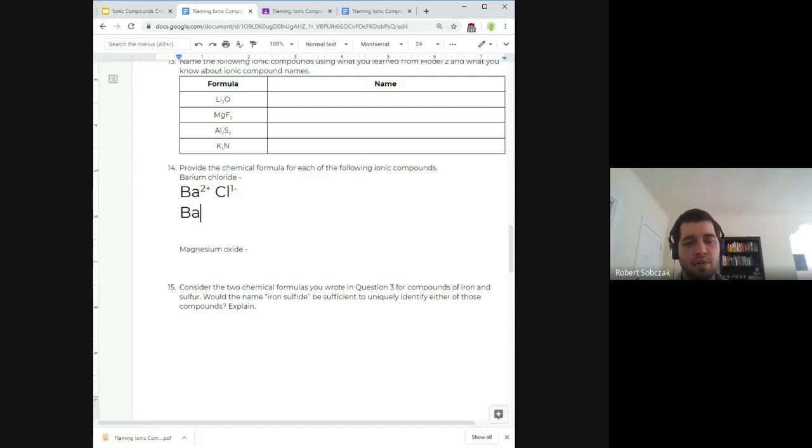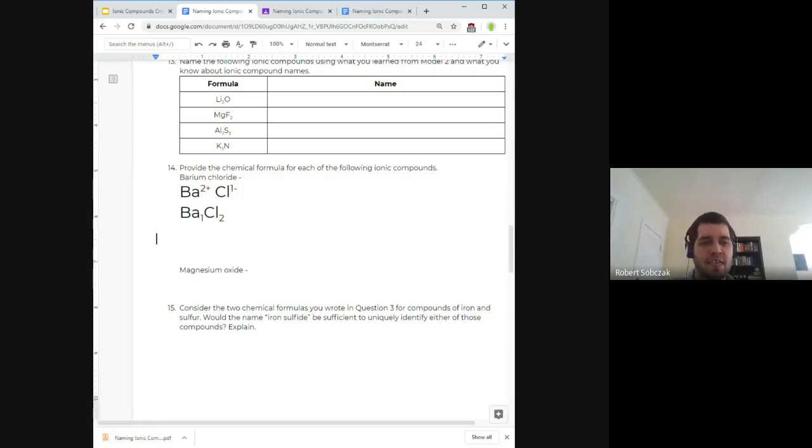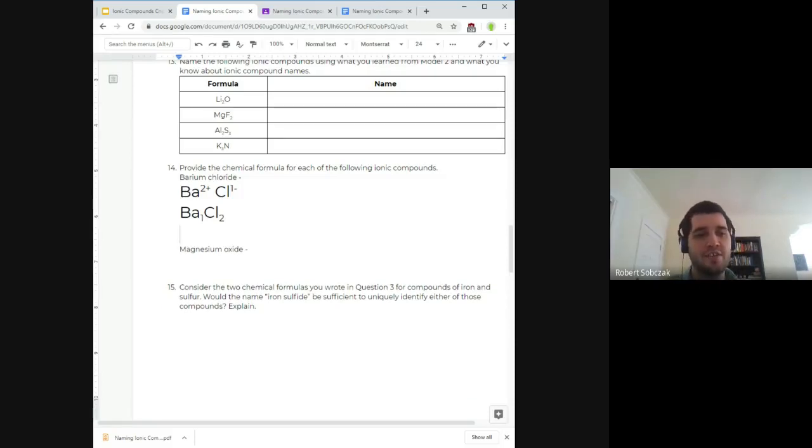We drop the sign, so we're left with Ba1Cl2. If we got that, we're done. As always, chemists are extremely lazy, so they do not like writing the number 1, so they might write BaCl2 just like that.